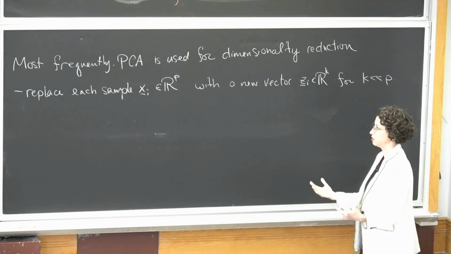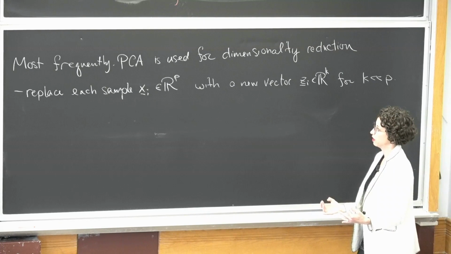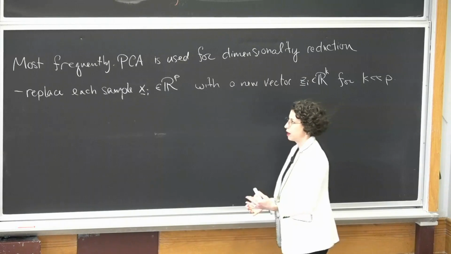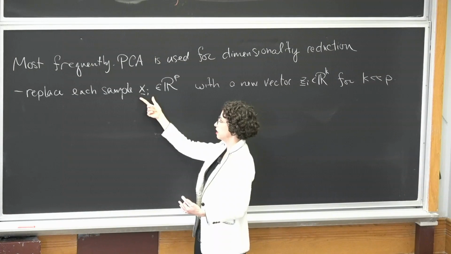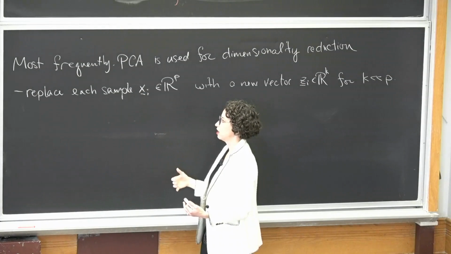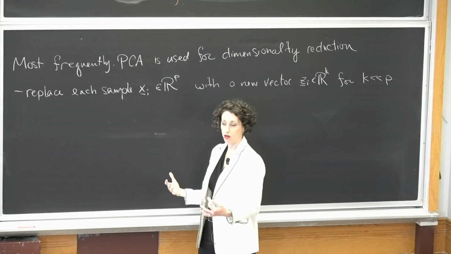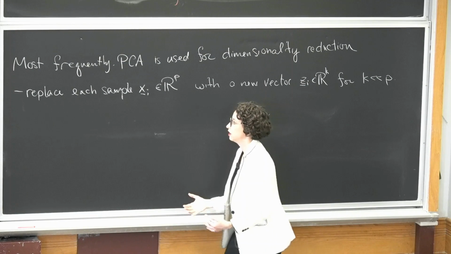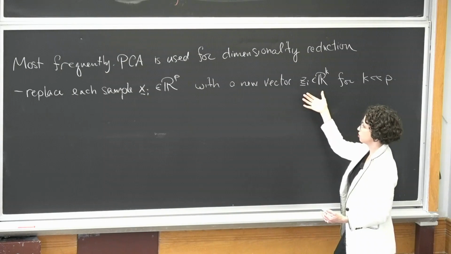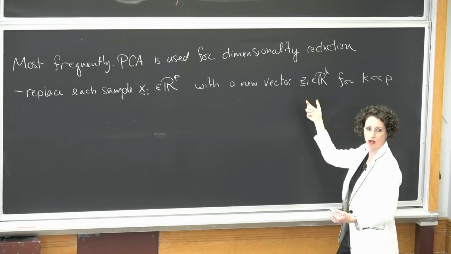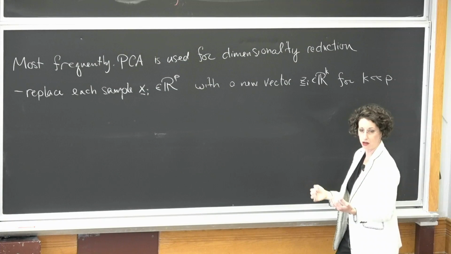So I might want to reduce the dimensionality that way. Or you could imagine a setting where perhaps later I want to use this data to do something like least squares, but some of my features are linearly dependent or close to linearly dependent, and I want to remove that dependency. So I can try to reduce the dimensionality so that the features I'm left with are no longer linearly dependent on one another.